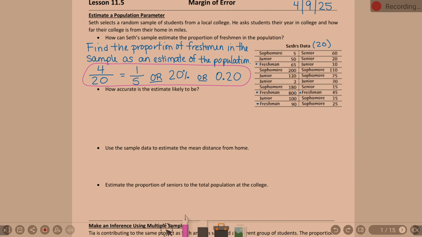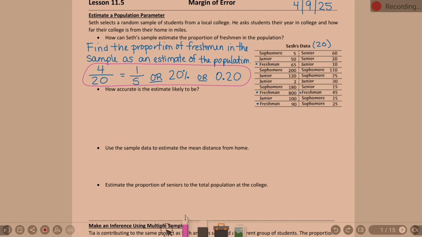What did Seth use? Yeah. Seth used 20 students, right? What about 20 students? Okay. Well, we can come back and talk about how random they were chosen. But 20 students, I don't know what size college this is. It just says local college.